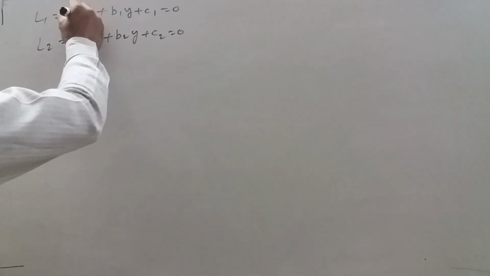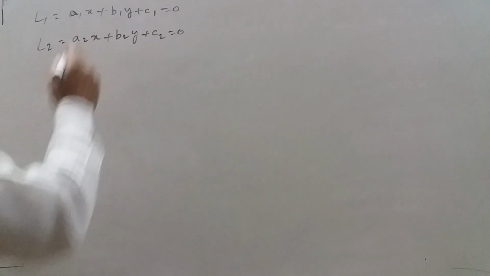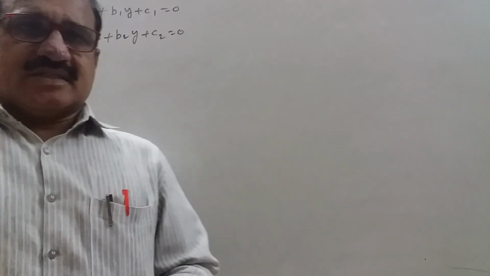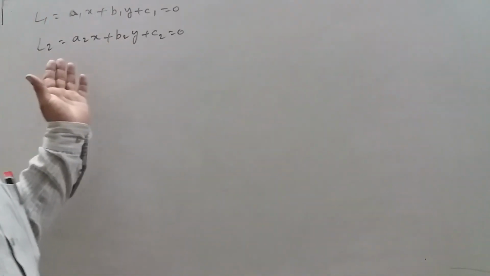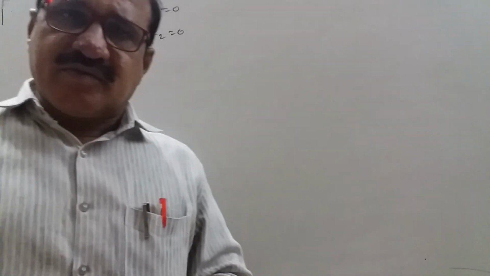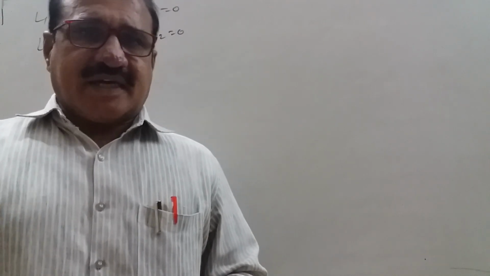Here a1, b1 are not 0 at a time. Similarly, a2 and b2 are not 0 at a time. Then only these two represent two straight lines.